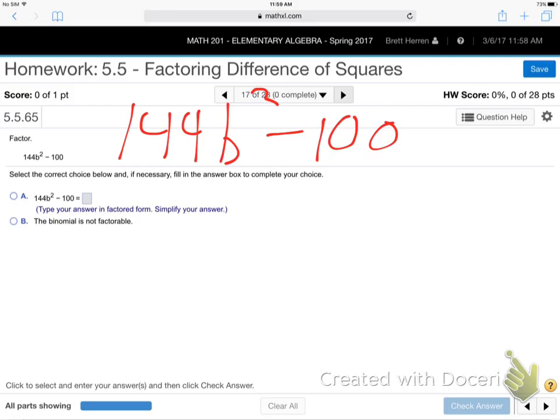He tricked us. Well, now we're all doing it right. What's in common? Don't jump into that two parentheses thing until you first ask yourself what goes into 144 and 100. Use your calculator. If you do that part, then you'll get it right.